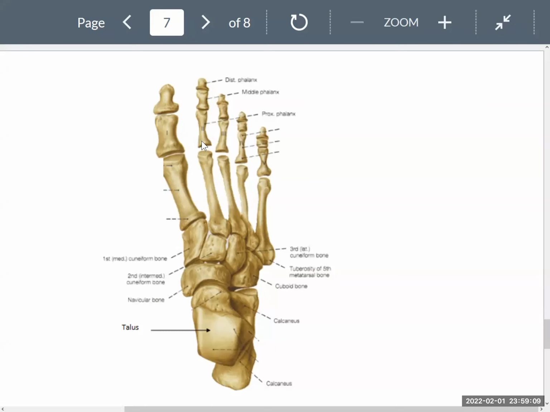All the rest of the toes have the proximal phalanx, middle phalanx, and distal phalanx, just like the fingers. So we wipe out 14 bones right there, 2 feet, 28 bones.